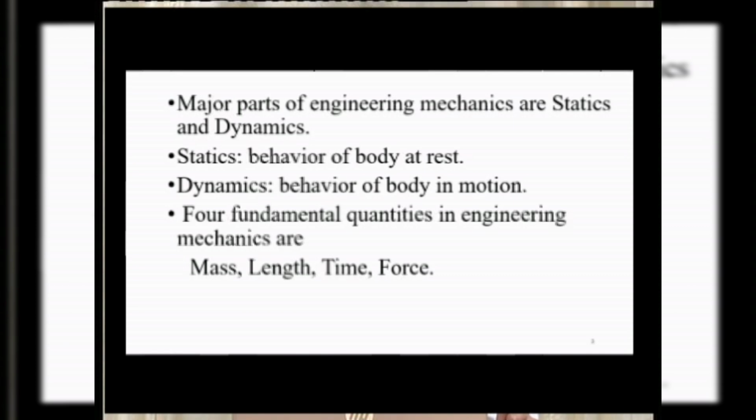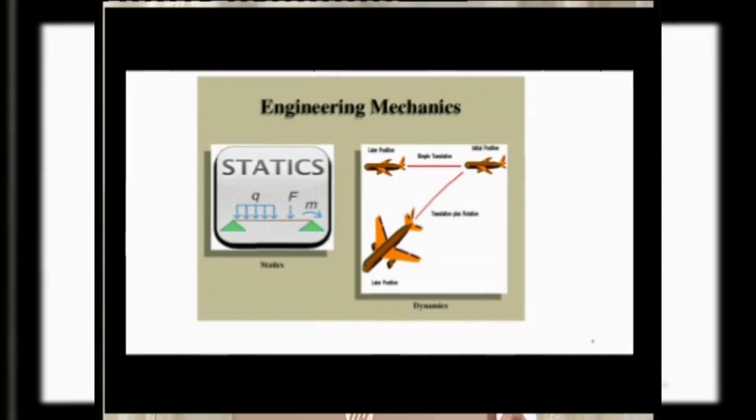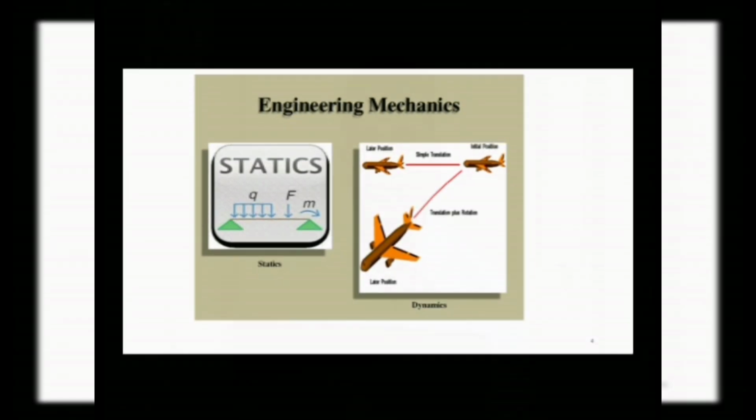The four fundamental quantities in engineering mechanics are mass, length, time, and force. In session 1, we'll learn about force, characteristics of force, resolution of forces, and finding the magnitudes of the resultants.